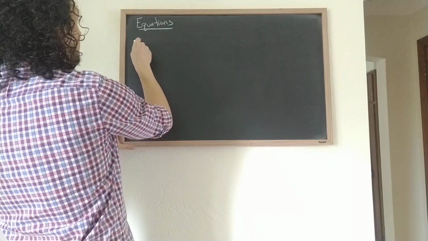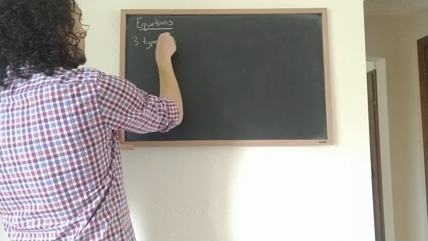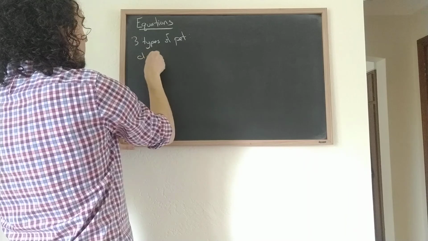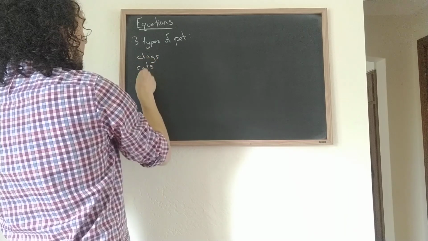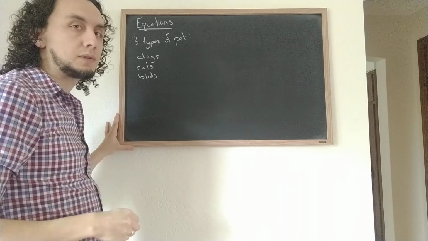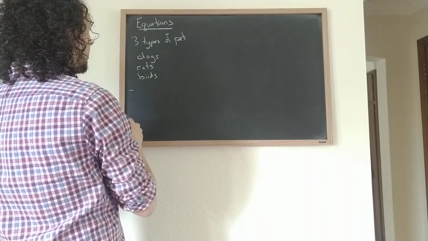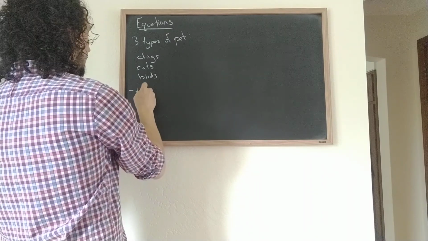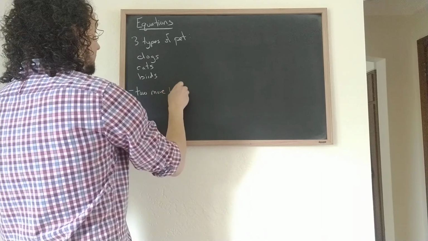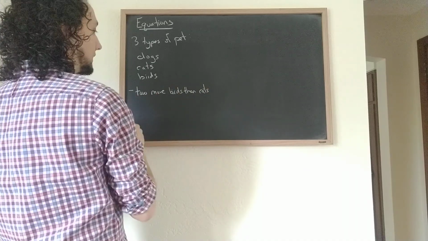So let's say we imagine a person who has three types of pet. They've got dogs, they've got cats, and they've got birds. And I'm going to tell you some facts about the number of pets that they have. So one fact is that they have two more birds than cats.